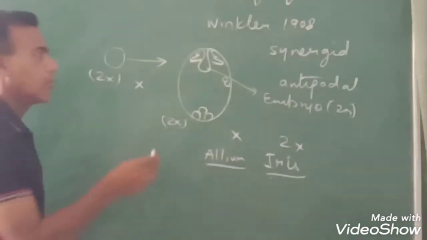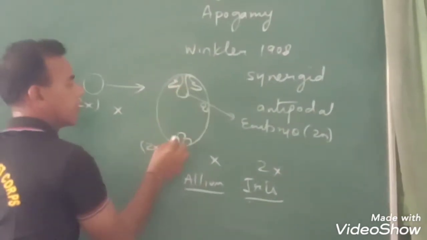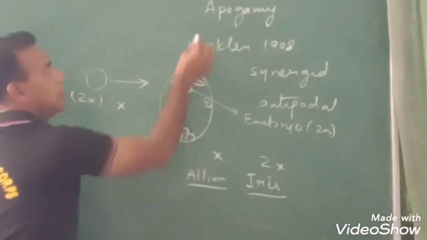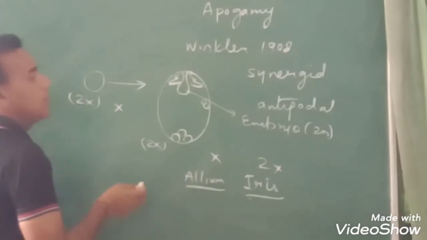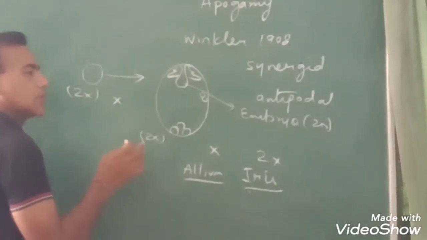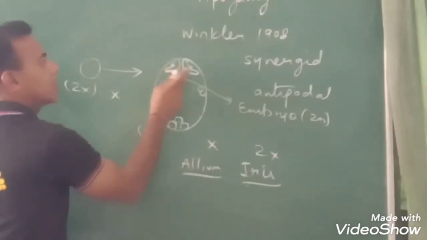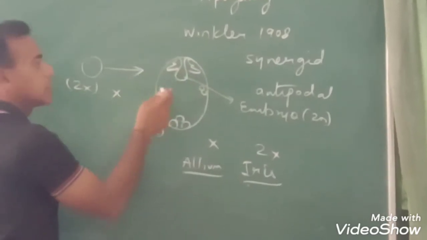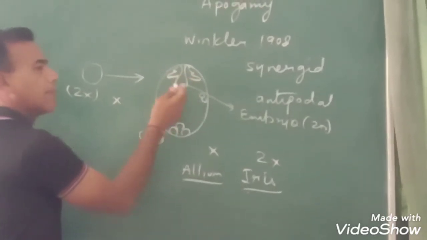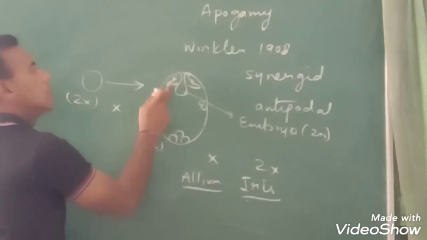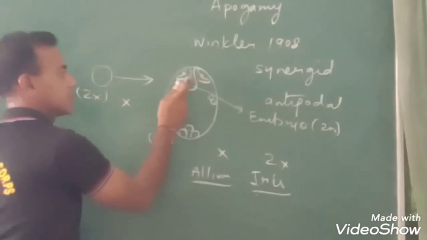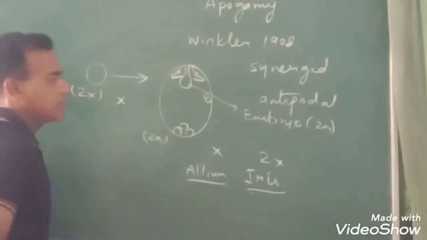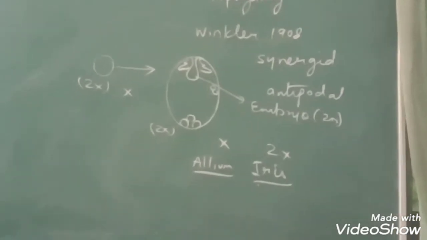Thus, embryos formed from these diploid cells make diploid apogamy, whereas those embryos which develop from X synergids or antipodals are called haploid apogametics.